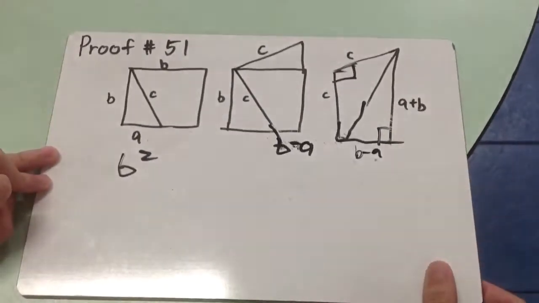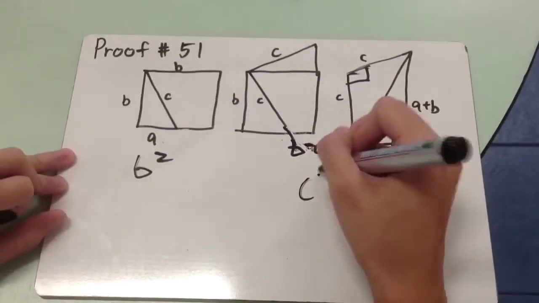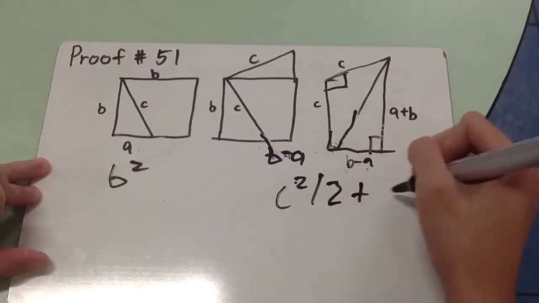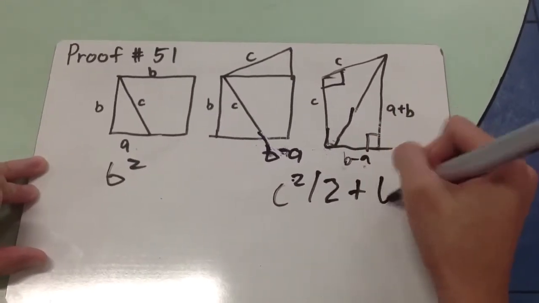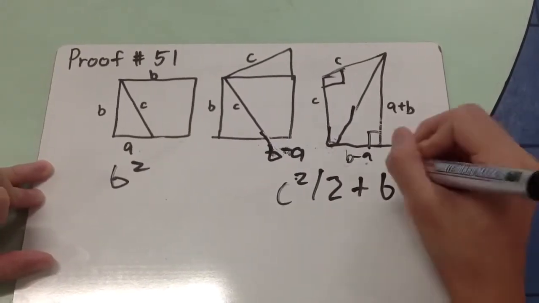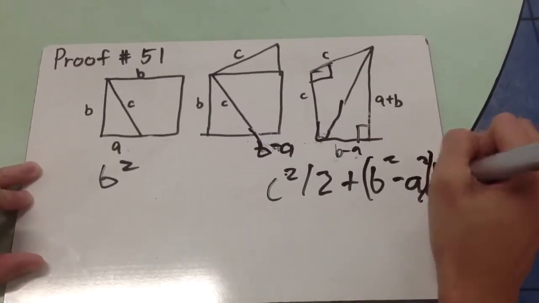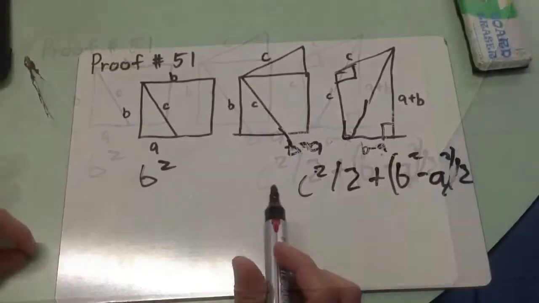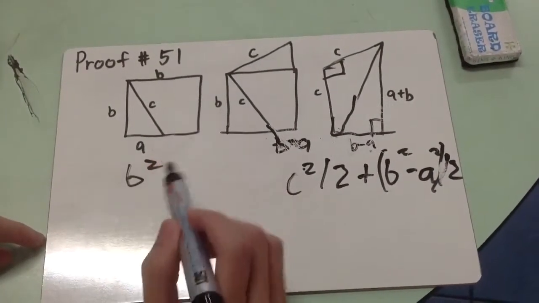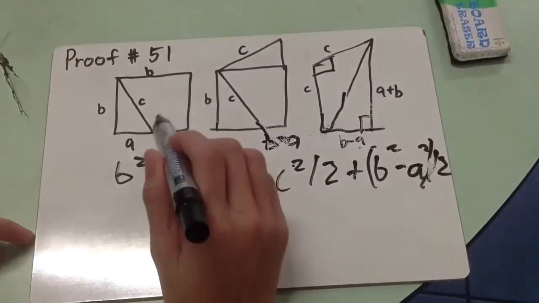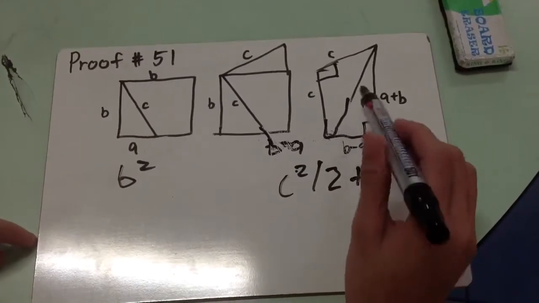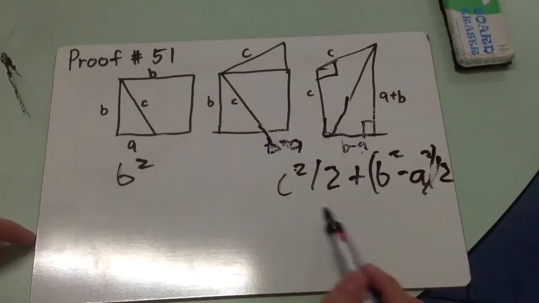The area is then c squared over 2 plus b minus a squared divided by 2. Like I said earlier, originally it was a square with the area of b squared and it was just rotated 90 degrees to become two triangles with this area.